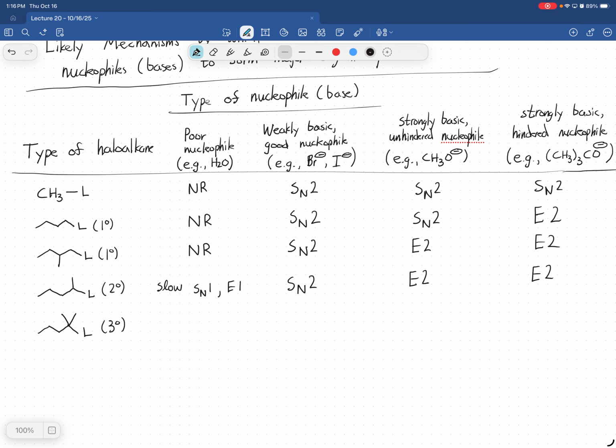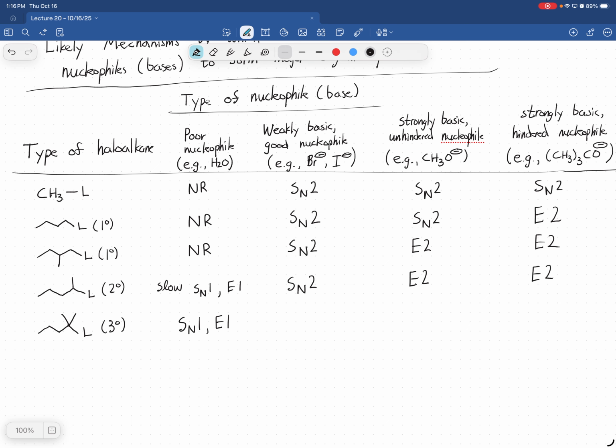All right, now we have a tertiary position. Well, that favors what the most in this case? Yeah, SN1. And if you're not careful with temperature, you can also get competing E1 here. So that one's really fast for SN1. It's slow for secondary because the carbocation is not as stable. Okay?